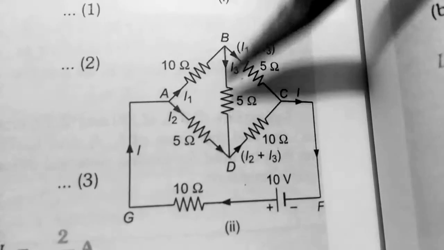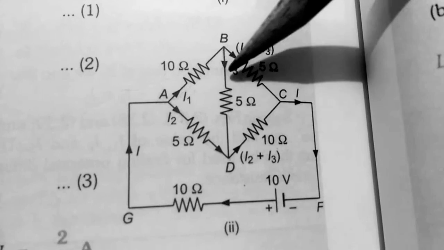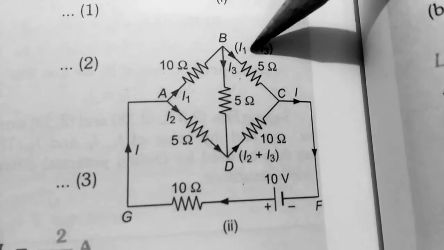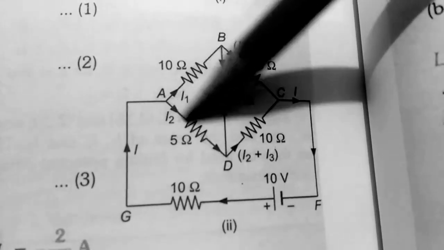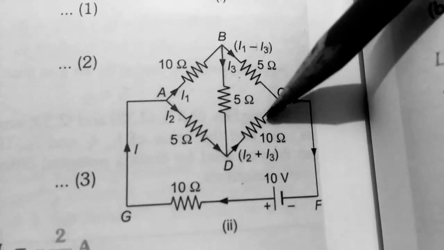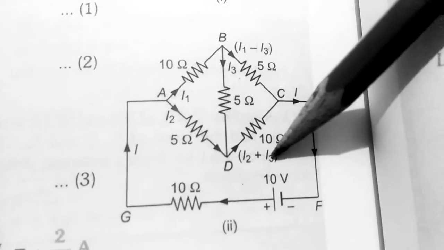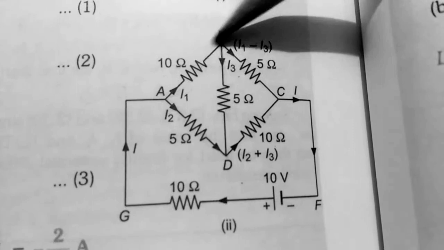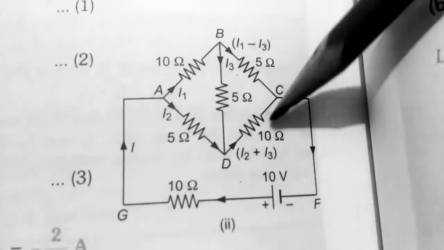So here I1 is split up in the form of I3 and I1 minus I3. And here at D, I2 and I3 will meet with each other. So how much current will flow from here? I2 plus I3. So I hope this flowing of current is clear to you all.